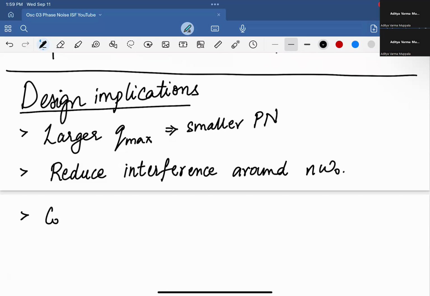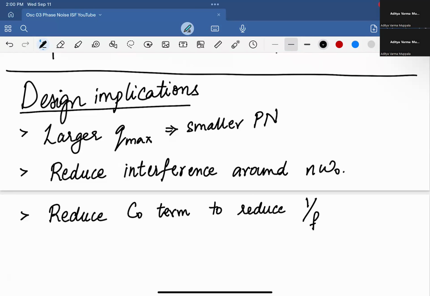But I think the most important one is to reduce the C0 term in order to reduce the closing phase noise, the 1 over f cube part of the phase noise, right?